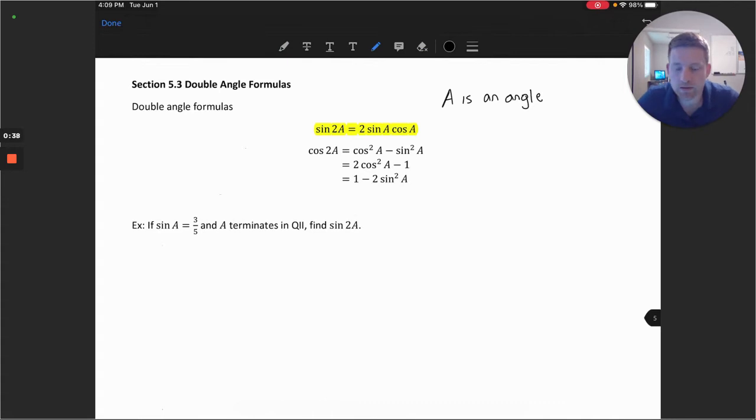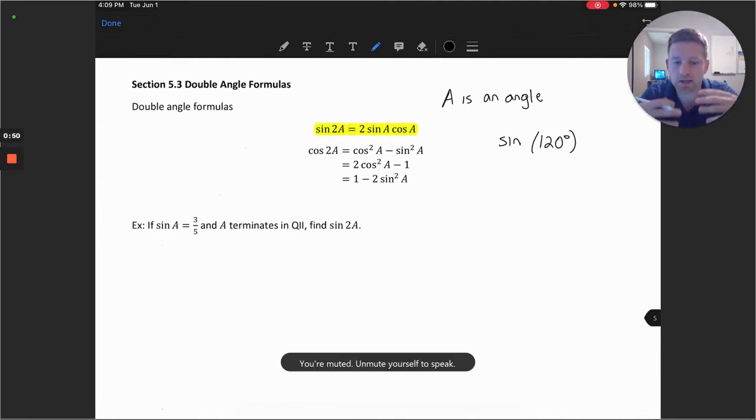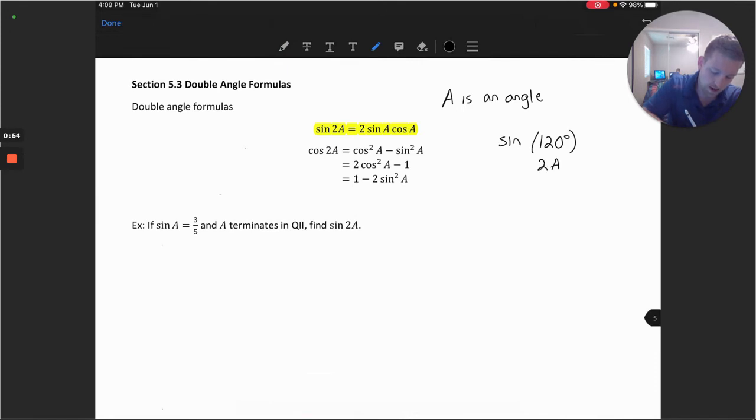So this makes the job of finding double angles, such as sine of 120 degrees, easier. We could find this by using a double angle where we use the value of a equal to 60 degrees.